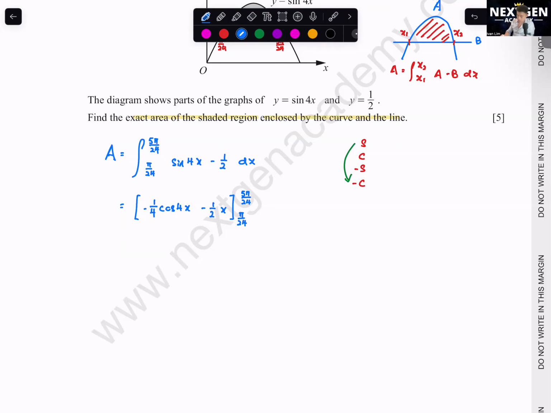Let's sub in the values first. We assume we don't have a calculator again. We use a triangle, I'll show you all in a bit. We substitute this in, so 5 pi over 24.